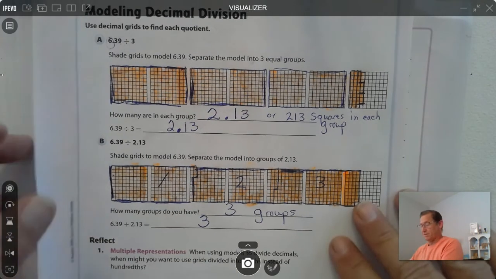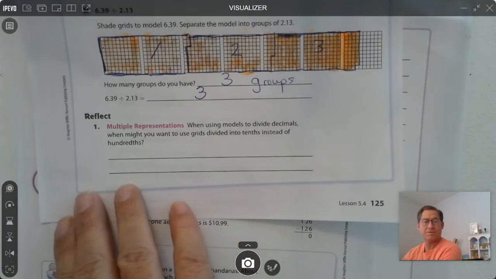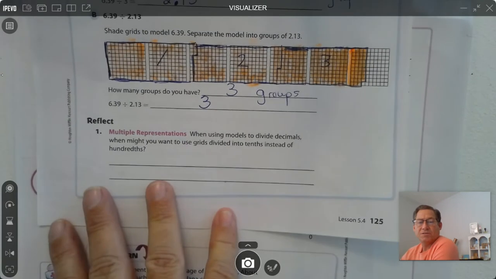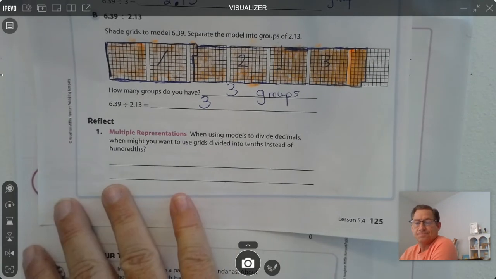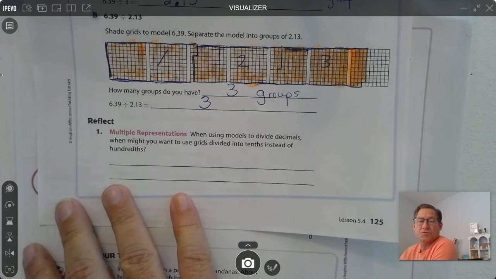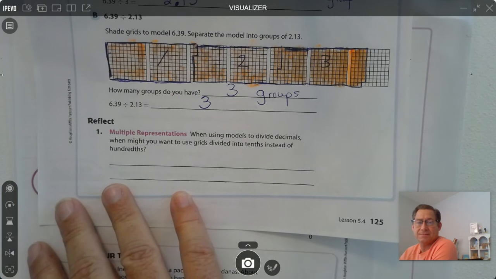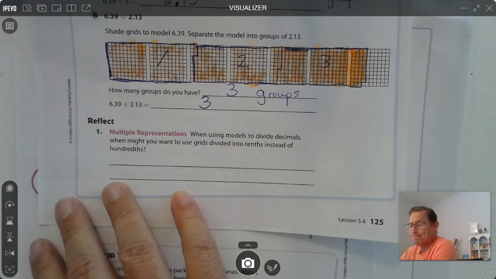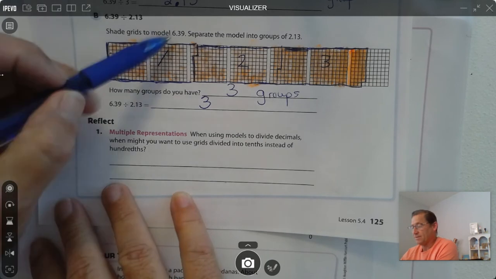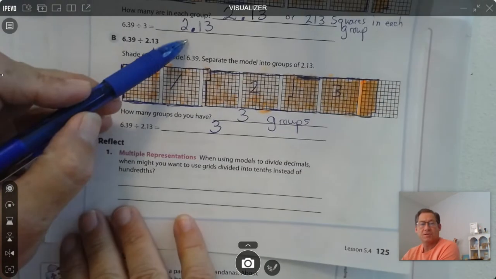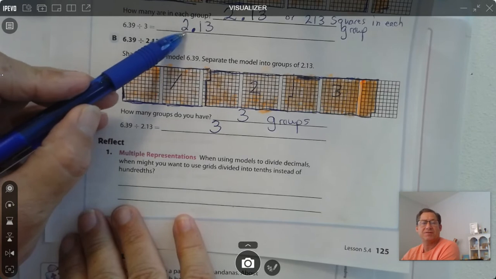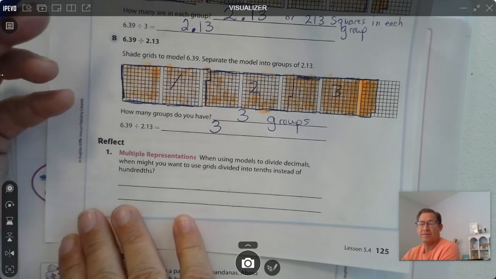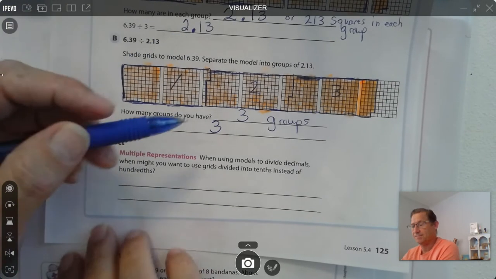All right, so let's look at the multiple representations. So when we're using models to divide decimals, when might you want to use grids divided into tenths instead of hundredths? Well, that would be if the decimal in the problem only has one decimal place. So like if this was not 2 and 13 hundredths, but rather something like 2 and 1/10, then I'd want to use tenths.